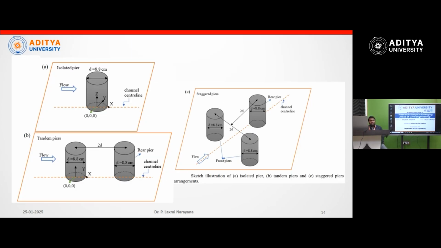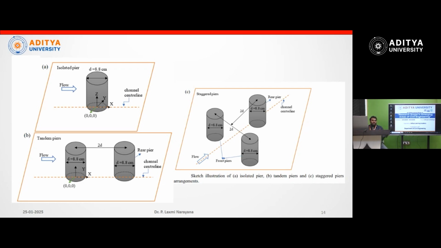These are the arrangements of the piers. On the screen you can see three pier arrangements. One is A, which is the isolated single case. B is the tandem case, which is separated by two times the diameter, and C is the staggered case, with two upstream and one downstream.